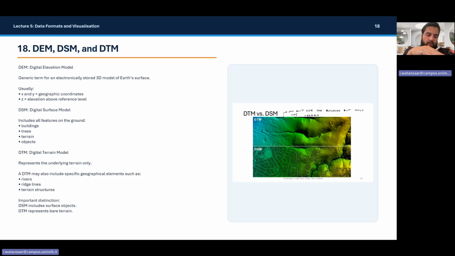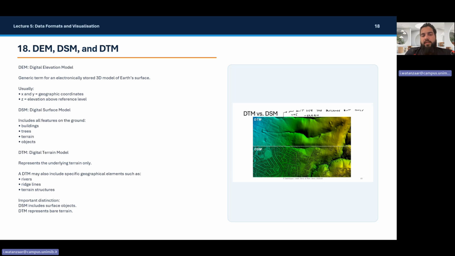So this is how we store the digital version of the Earth's surface electronically using the three coordinates X, Y and Z, and Z represents the elevation above the reference level.